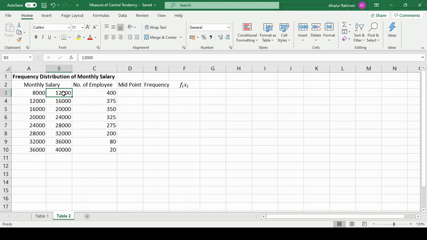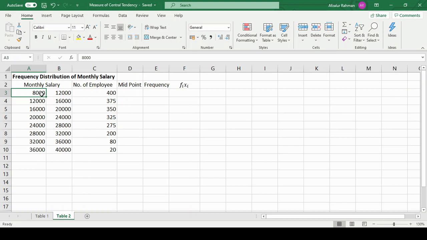Why are we taking less than 12,000? Because 12,000 is here also, so you can take it only at one place. You can't take it at both places, because otherwise there is a duplication of data. Your data will not be correct, because in the beginning we have started with 8,000.